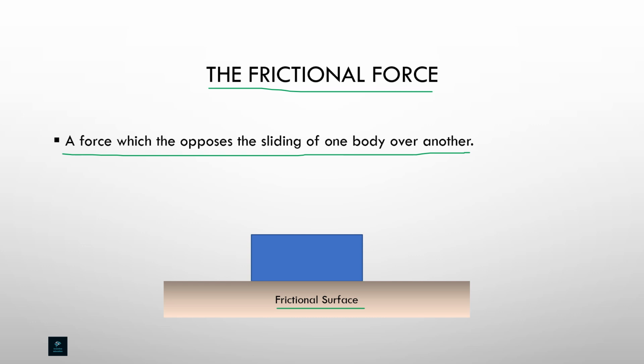If we attempt to slide this body on this surface, this body will experience a force in the opposite direction which resists the movement of this body. This force is called the frictional force.